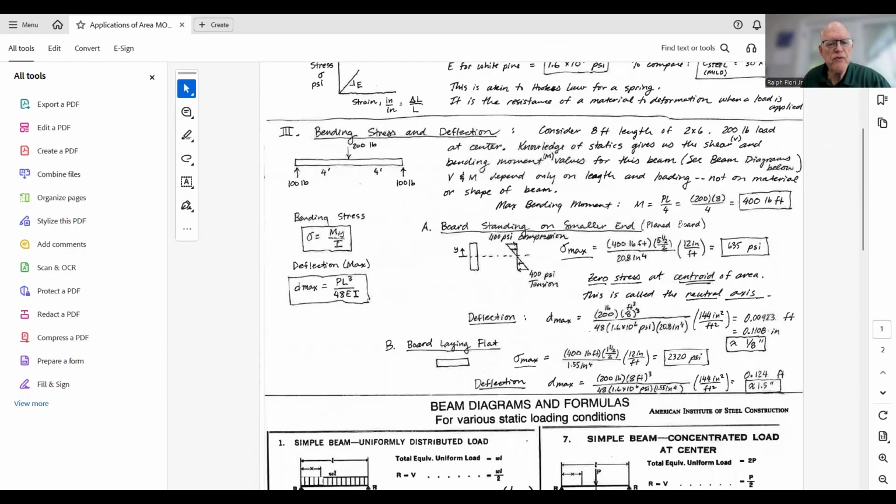The larger this moment of inertia is, the lower the bending stress is for the same bending moment and the same y, or the same distance from the centroidal axis. So a larger moment of inertia, for example, a W-shaped beam in its normal orientation will have a larger I, and it will resist bending more.